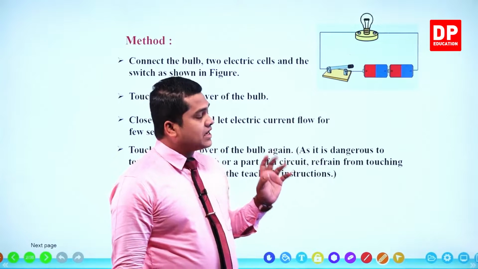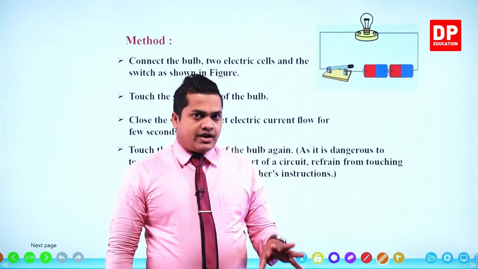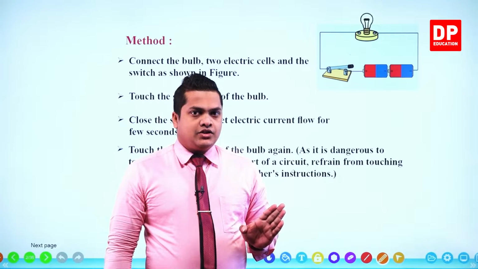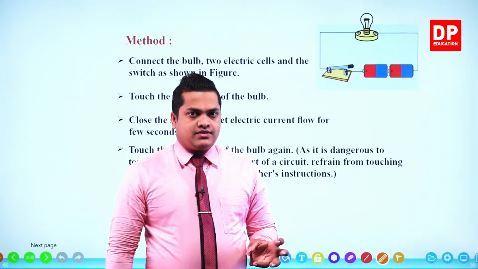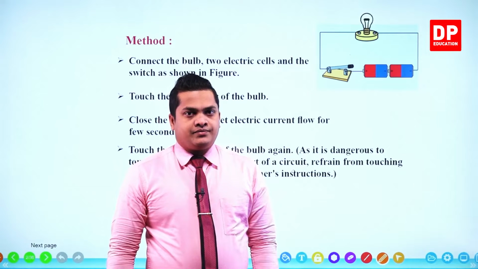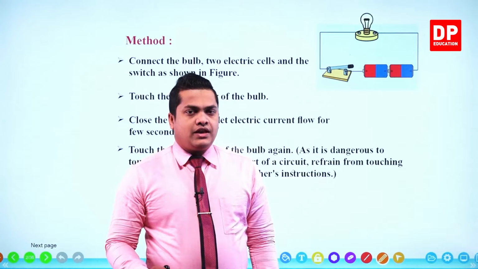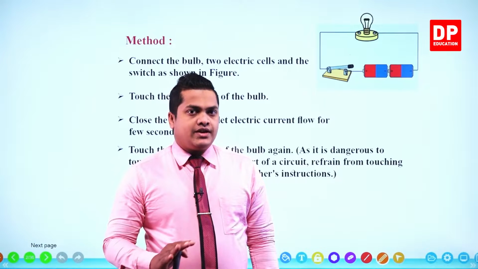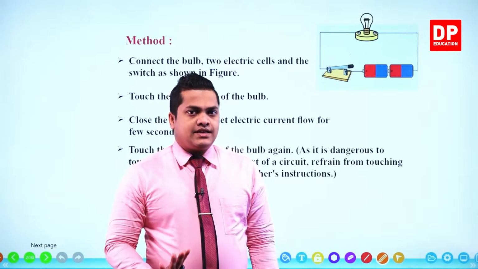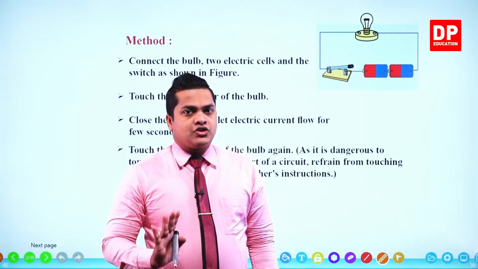Here there are 2 cells. You can reduce that to 1, or use some older dry cells so that they would not give that much electric current. According to the amount of electric current provided to the bulb, the amount of heat energy generated also changes.